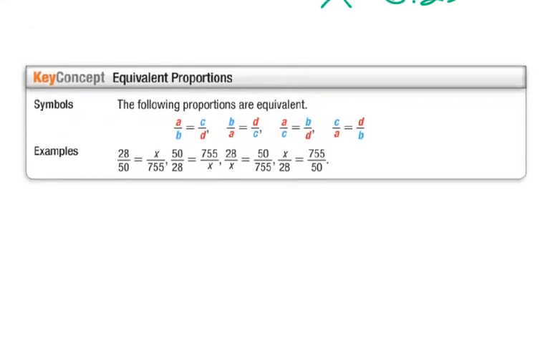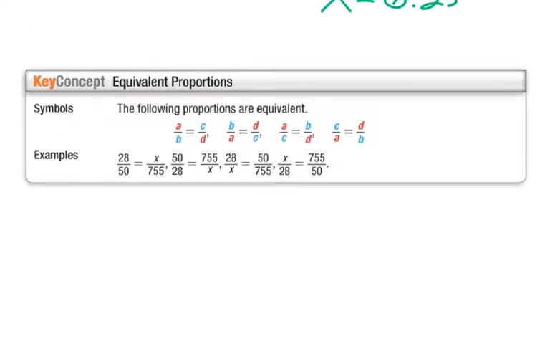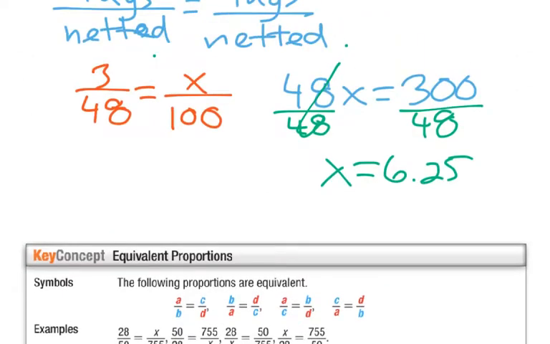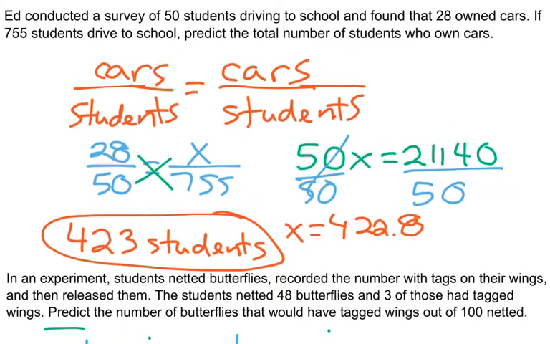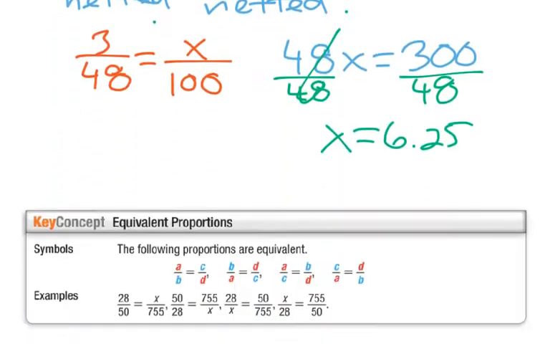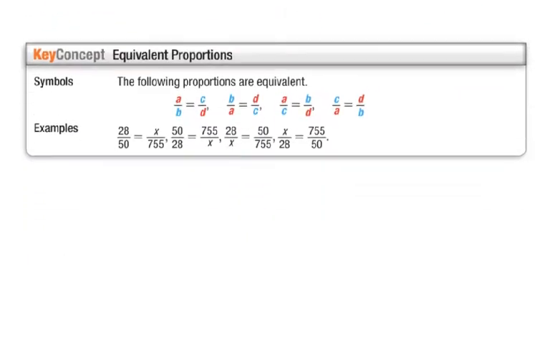And just as a little recap, equivalent proportions, there's actually 4 ways. For one proportion, you could set it up in 4 different ways. So, like if you were to take this problem up here, notice that we set it up 28 over 50 is equal to x over 755. Now, as long as they match, we could flip both sides here.